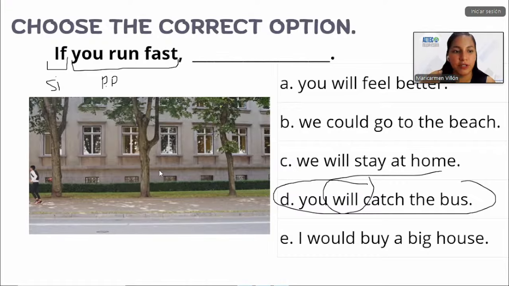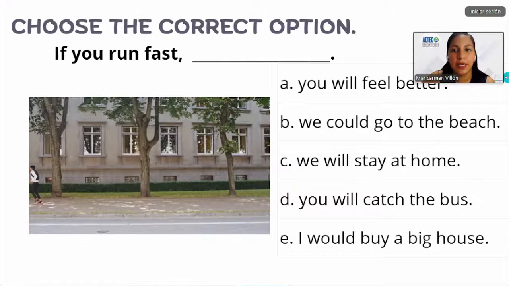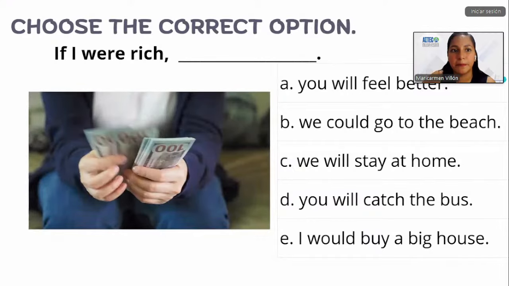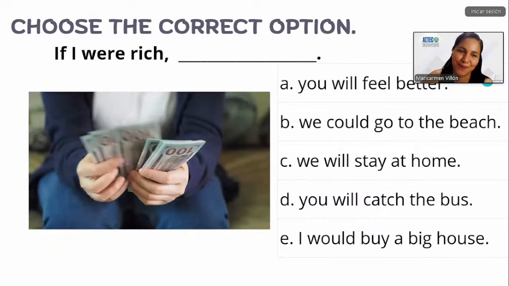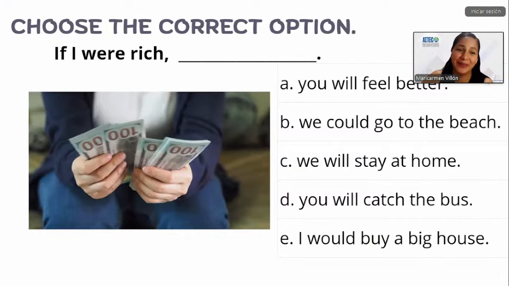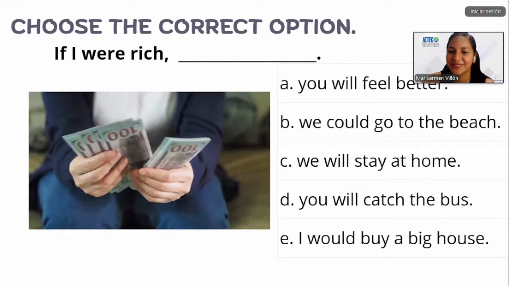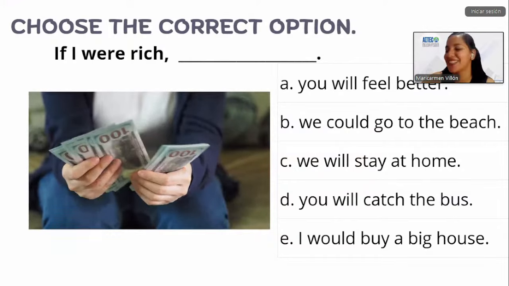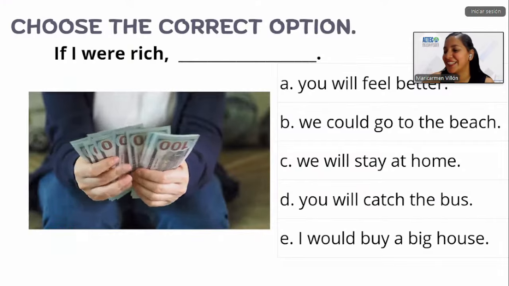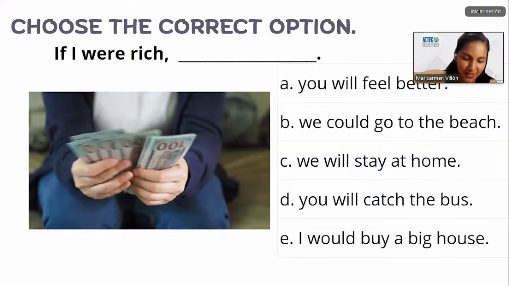Yes, very good. It's first conditional. Great. Okay, my friends, one more. If I were rich. Si yo fuera rica. Millonaria. If I were rich. Esa está sencilla, ¿no? ¿Será cero, primera o segunda condicional?